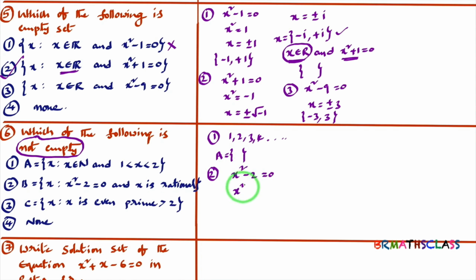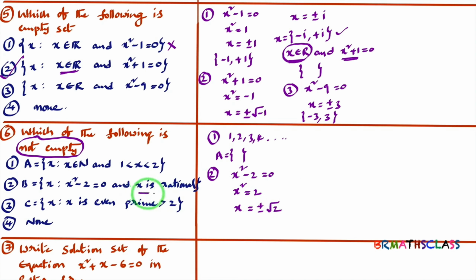From this, x square is 2. X can be taken as plus or minus root 2. When we square this, we will get 2 only. Is root 2 rational or irrational? Root 2 is an irrational number. Minus root 2 is also an irrational number.